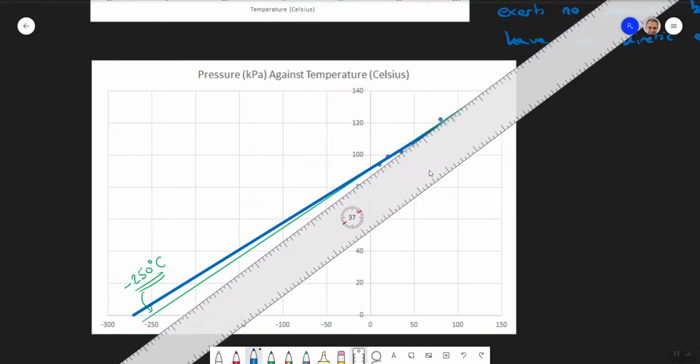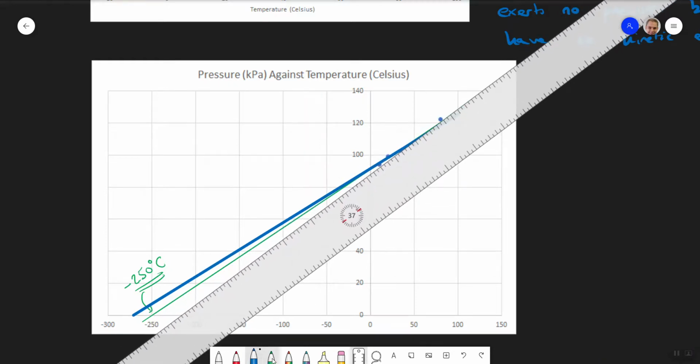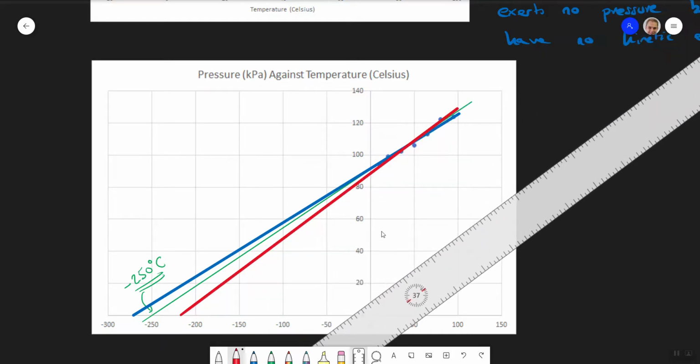This is why it's important to collect data, especially if you're trying to predict something that's quite a long way out. These are all reasonable lines that end up somewhere when you're predicting all the way back. And in order to improve it, you'd want to collect data in this region that we don't know. We need to go well below. So maybe put it in some liquid nitrogen and so on.